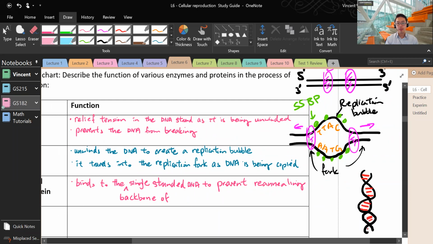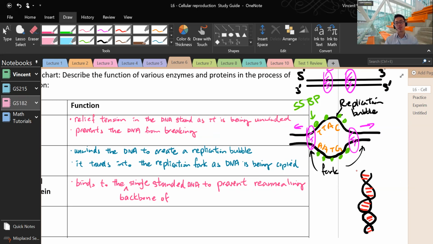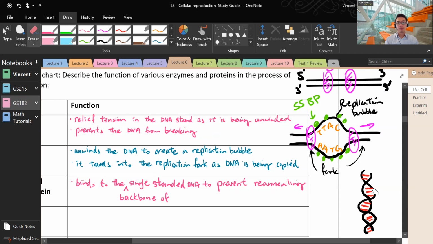So it's very difficult to copy the DNA when they're together. Something has to unzip the DNA, something has to open the DNA, and that is the job of helicase. By opening it up, you create a replication bubble, then you can gain access to the nucleotides. That's basically, in its simplest sense, what it does. Perfect.